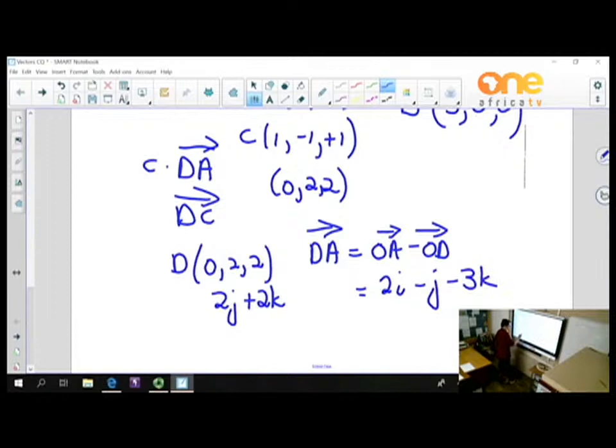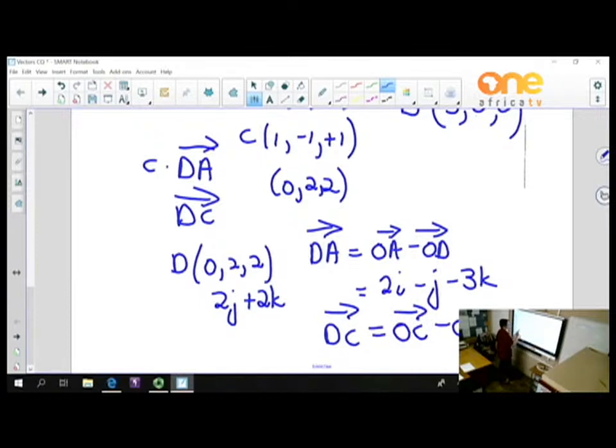Here is now i, so it remains that 2i there. And then the second one that you need to find there is now DC. DC is going to be OC minus OD.